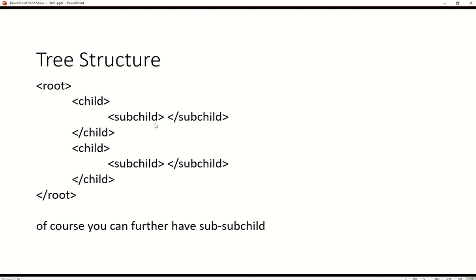And you can also have multiple different subchilds. And of course you can go to subchild and subchild and as far as you like. Remember, XML is designed how you want it. And you program your program to read in whatever format you've established, whatever structure you've established, whatever data you've put into it.